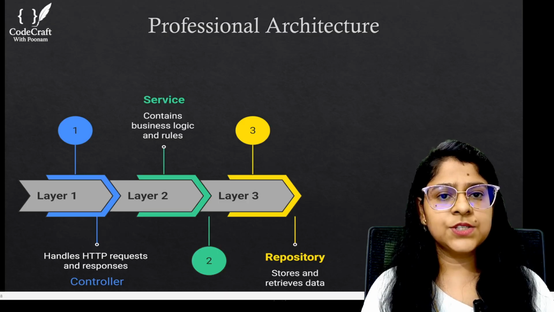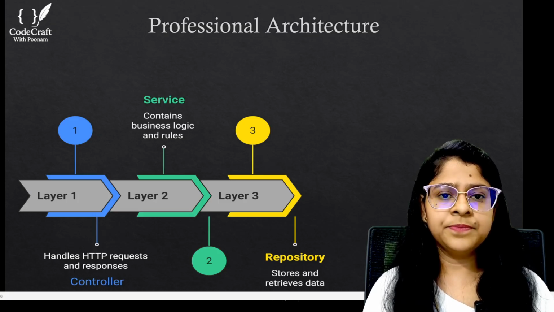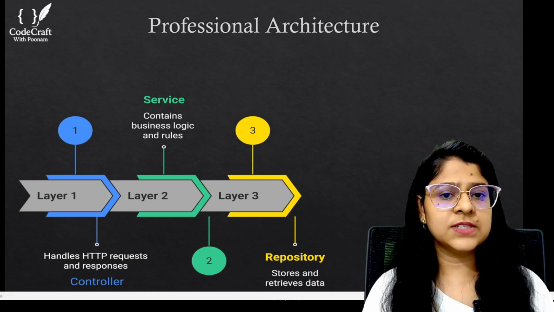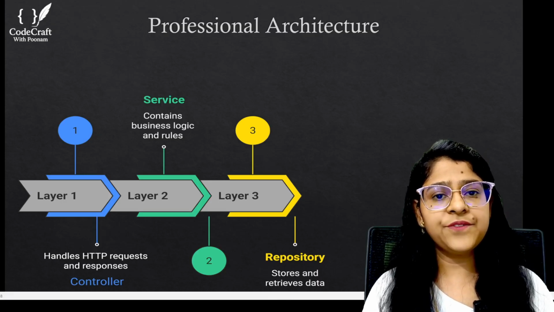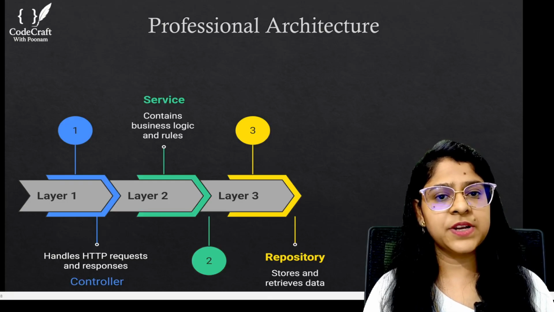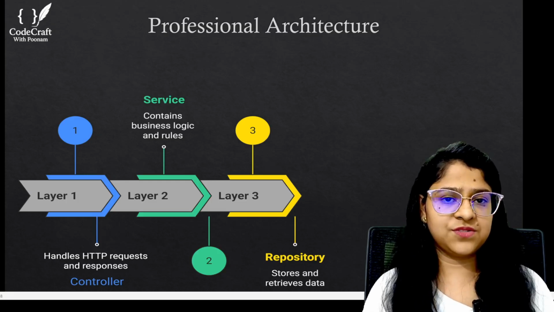As we have separated the responsibilities through layers, this is called separation of concerns. That is, every class has one clear job. So you will have a separate controller class, a separate service class, and a separate repository class.